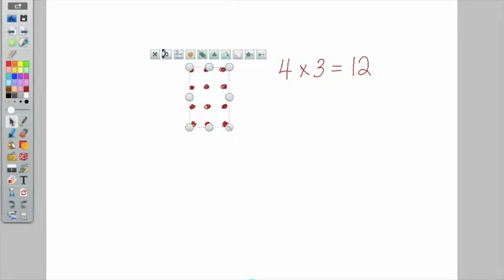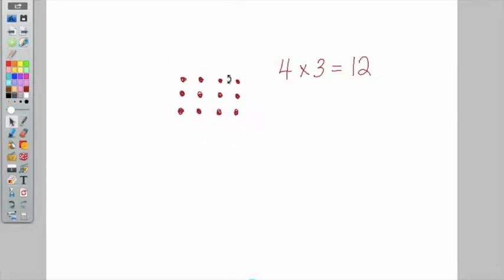What do I have here? 4 groups of 3, or 4 copies of 3. Yeah, that's right. Okay, so what's 4 copies of 3? 12. Okay, and if I turn this, what do I have? No, 3 copies of 4. Or 3 groups of 4, okay?